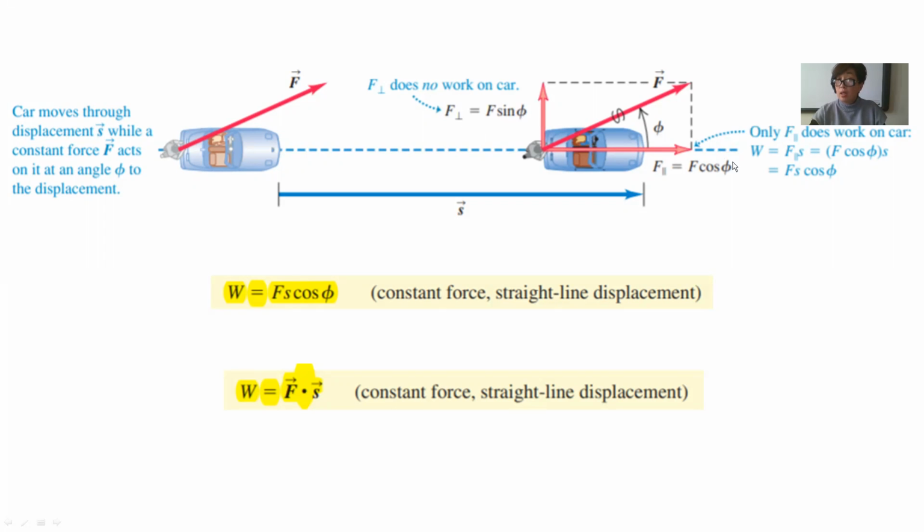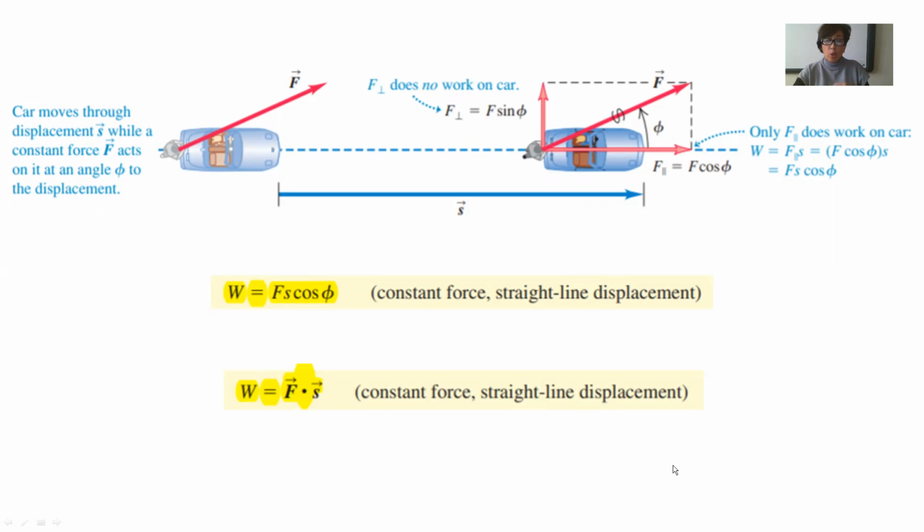And here, F parallel equals F multiplied by cosine alpha. Here this is a triangle. Only the F parallel force does work on the car, and work equals F parallel multiplied by displacement.